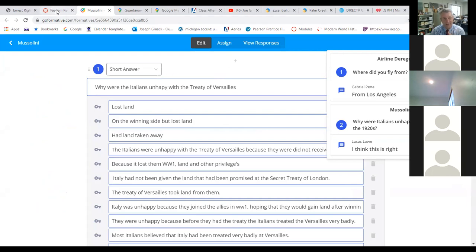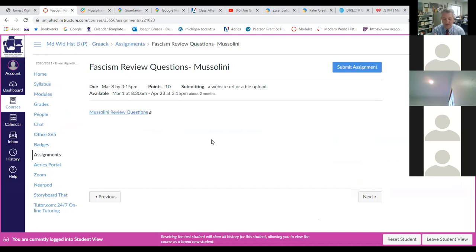A couple of characteristics about fascism, right? Absolute obedience to the leader. You have generally a police and a secret police that do not allow for any sort of protesting, opposition groups, no other political parties, and there's this high sense of nationalism.